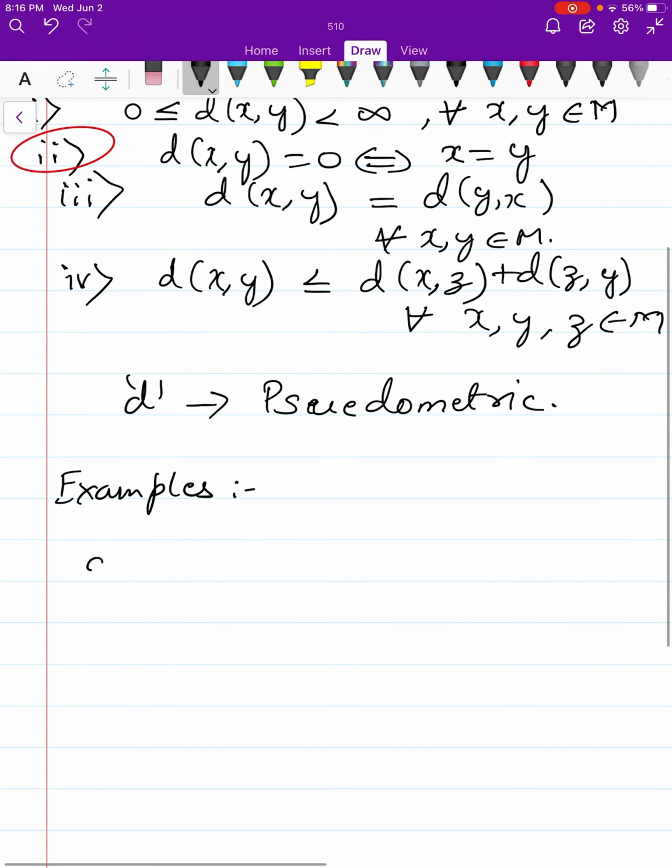So the very first and very simple example would be: every set will admit at least one metric.